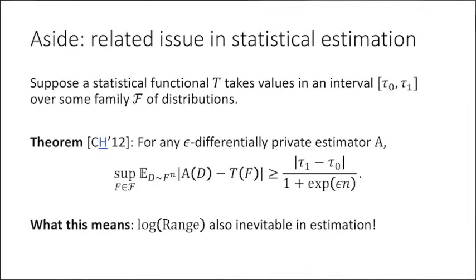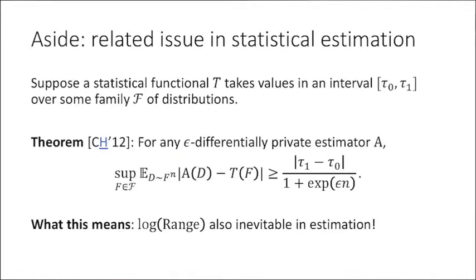As an aside, there's a related issue in statistical estimation. If you're trying to estimate some functional of a distribution, and let's say this functional can take values in some range between tau 0 and tau 1 over some family of distributions, in some previous work that I did with Kamalika, we showed that even in this estimation problem, things are inherently range dependent, at least in the worst case.